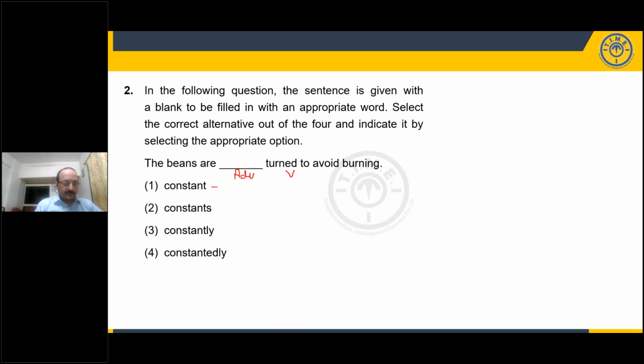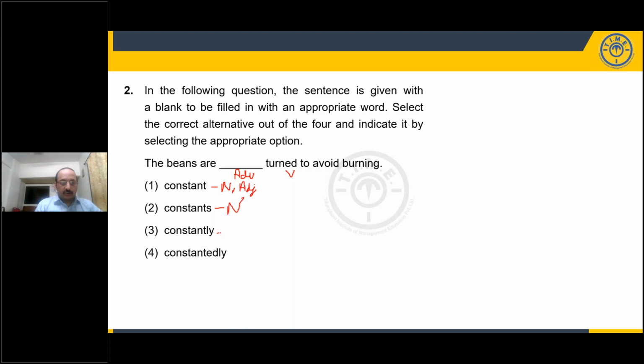So constant. Now constant is a noun. Constant can also be an adjective. For example, he's a constant presence in my life, or we need more constants to solve this question. So it can be a noun as well as an adjective. Constants usually is a noun.